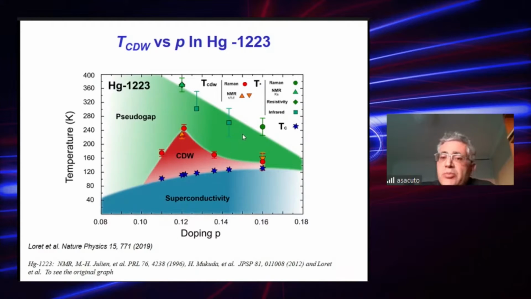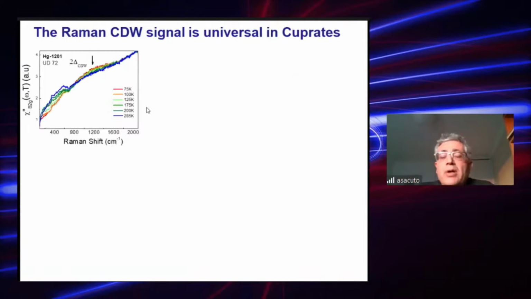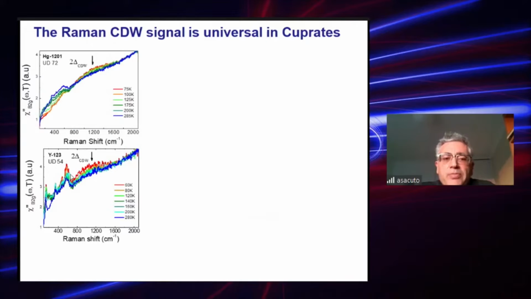But here is a sample which has not yet been measured by NMR or X-ray diffraction. So the idea is to take exactly the same sample as the one which has already been measured by X-ray diffraction. So we take the Mercury 1201 and we detect the hump. We take the YBCO and we detect the hump also.